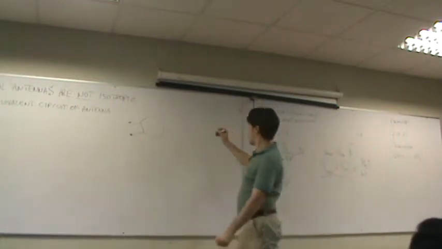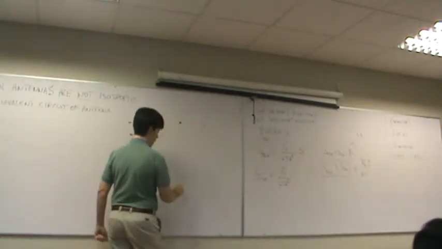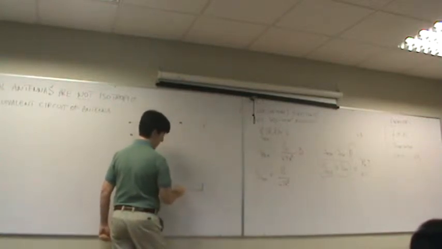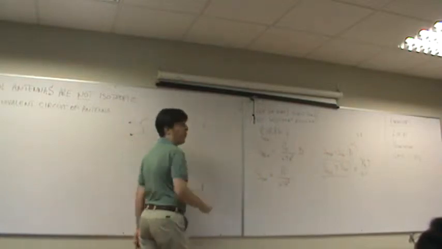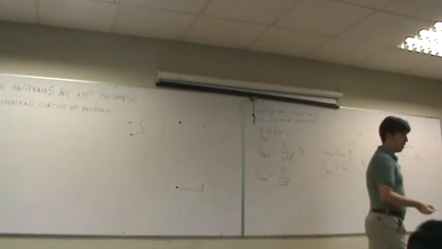That is, should we introduce some electrical components here? Which components? Resistor, inductor, capacitor. Which one will you introduce in that model? That represents the behavior of the antenna.